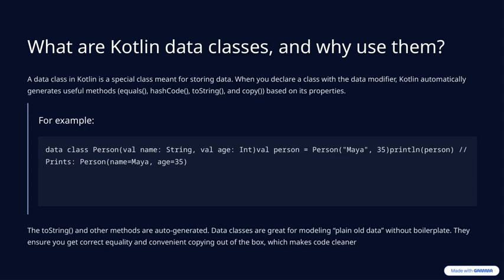This makes data classes perfect for modeling simple data structures or plain old data without a lot of boilerplate code. Using data classes ensures that equality checks work correctly and makes copying objects straightforward, which helps keep our code clean, concise, and less error-prone. Overall, they're a powerful tool in Kotlin that streamline working with data, fitting perfectly into the broader theme of writing efficient, clean code.